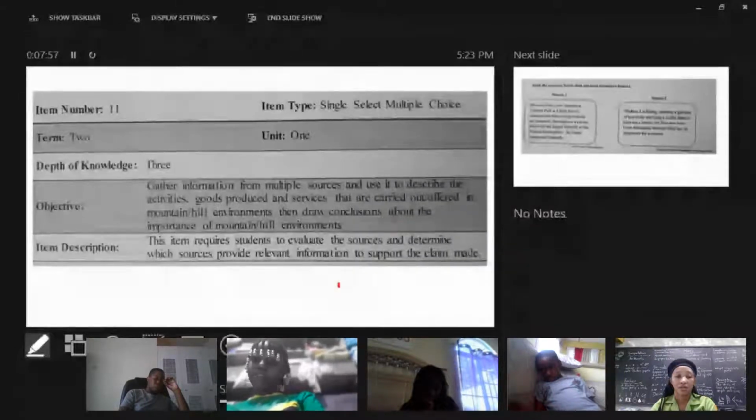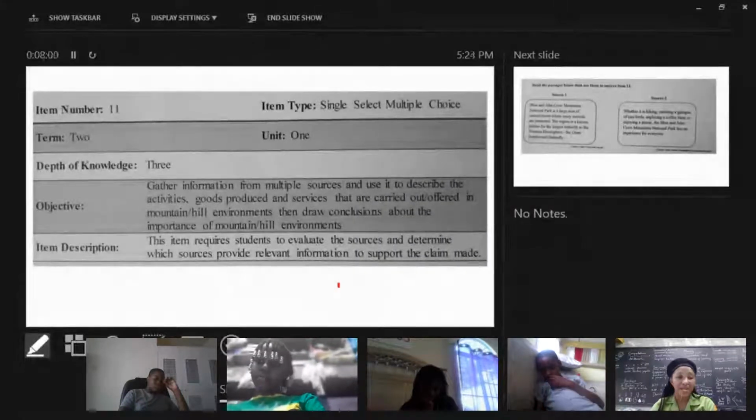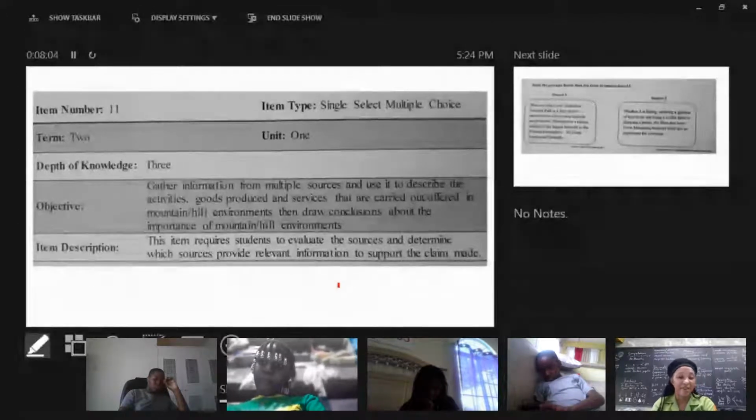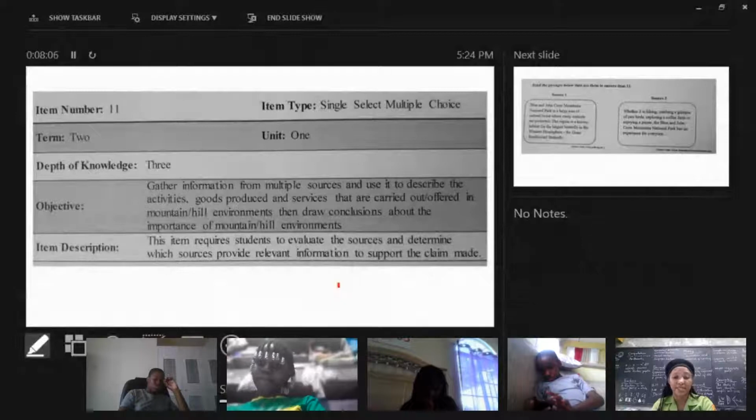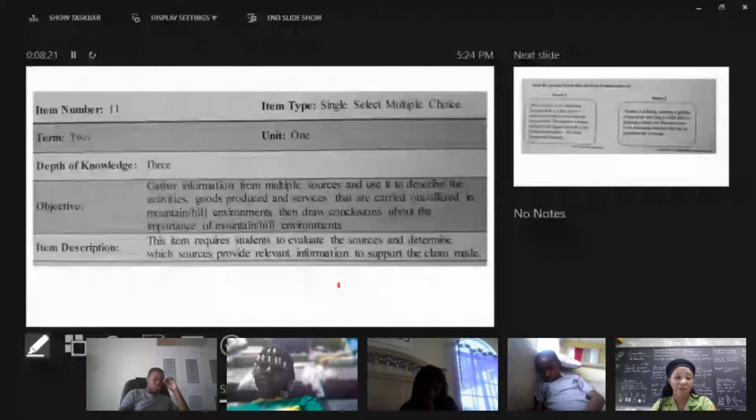So, item 11, the objective is to gather information from multiple sources and use it to describe the activities, goods produced, and services that are carried out or offered in mountain or hill environments, then draw conclusions about the importance of mountain or hill environments.